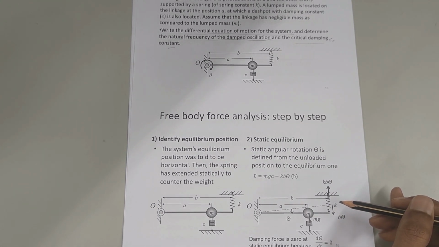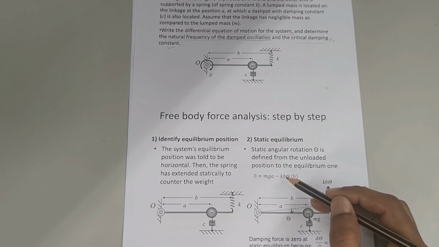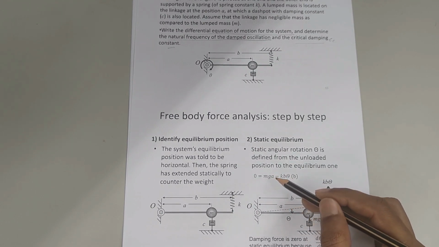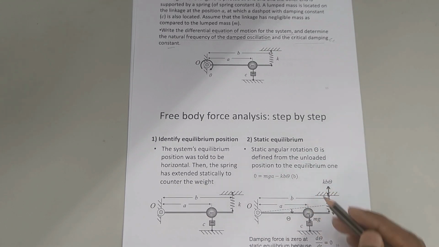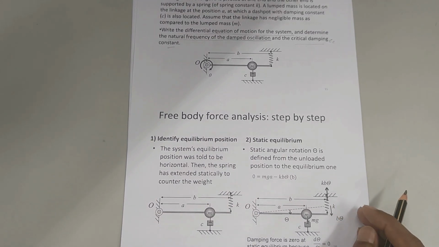The damping force is 0 at static equilibrium because d psi by dt is equal to 0. So we can directly write down the static equilibrium: m g a minus k b times psi times b is equal to 0. So this is the static equilibrium.